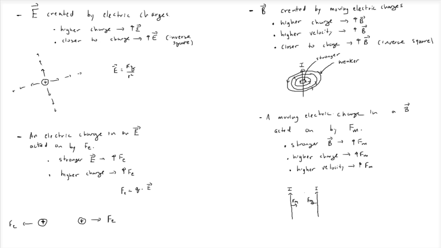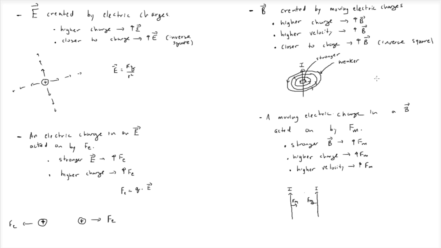So it creates concentric circles, which are not lines. These are loops that always connect with each other. The further away you get from the current, the weaker it is. So the magnetic field out here is pretty weak, but the magnetic field really close to the wire is pretty strong. Just like in electric fields, there's a direction associated with the magnetic field, and we'll talk about how to find that direction in the next video. But I've drawn in arrows to show you the direction.